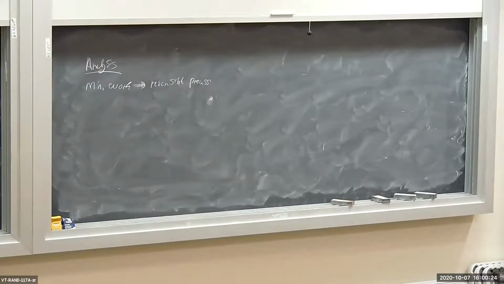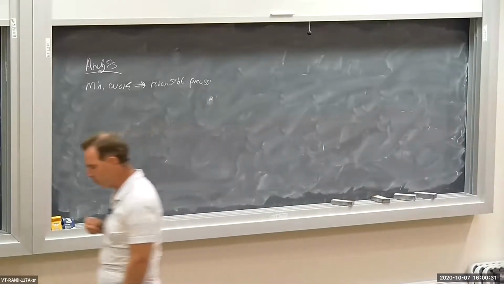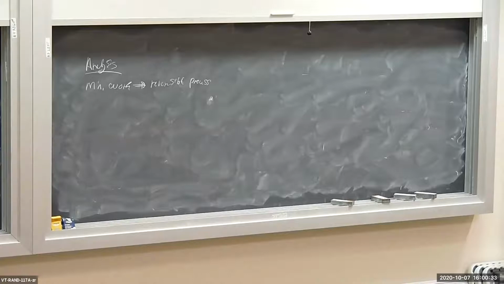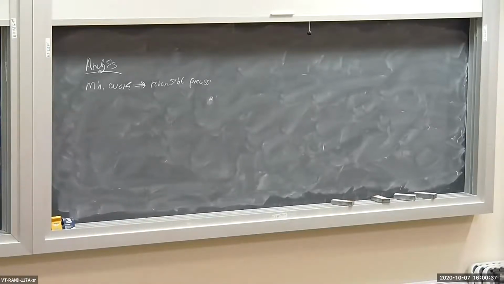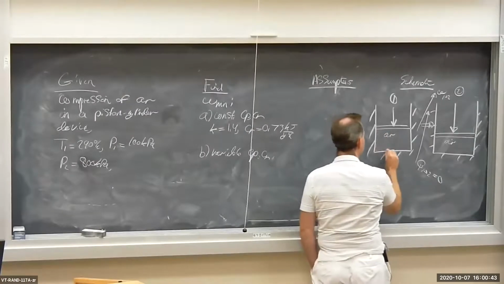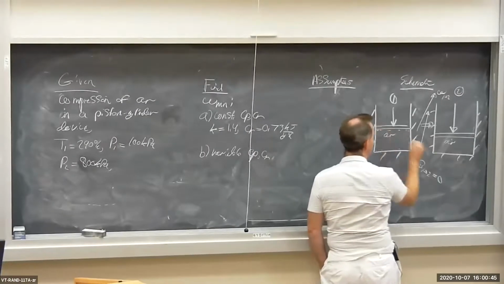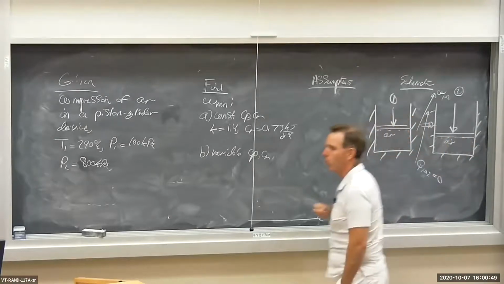Of course, what that really means is no entropy is generated during the process. Okay? So let's write the entropy balance for our air. So our control volume here, let the system be the air. Okay, so here's our system, it's the air.